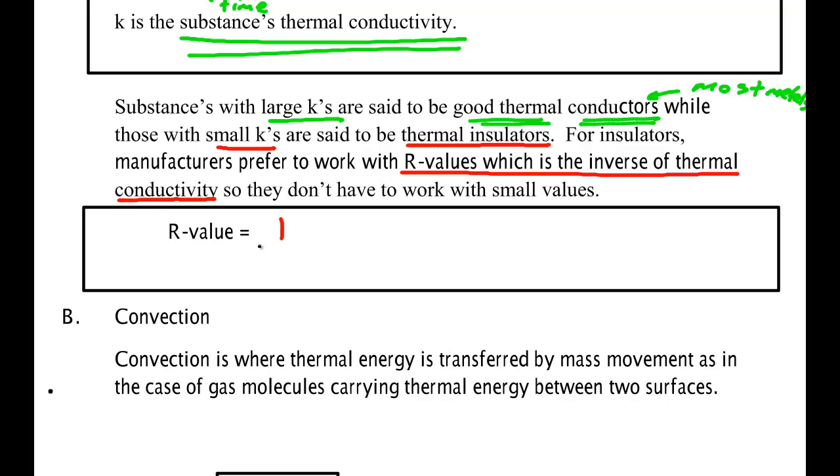So it's 1 over K. So a high R value means a small K, which means that it's a good insulator, it's a poor conductor. So when you talk about insulation for your attic or such, they give you the R value. They're giving you the 1 over K, the fact that it does not like to conduct. A high R value means a very small conductivity value.